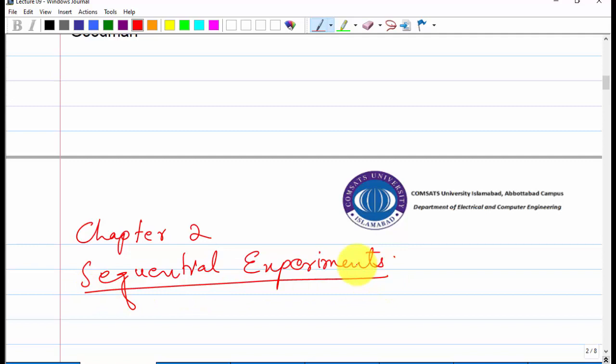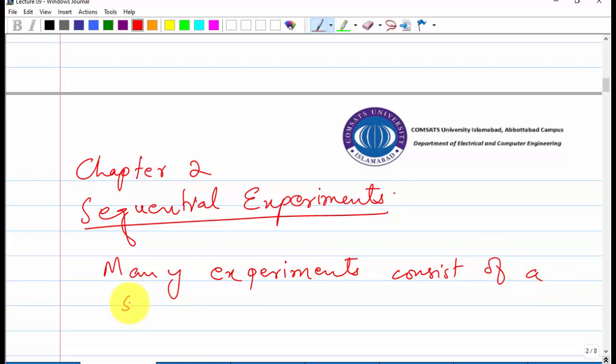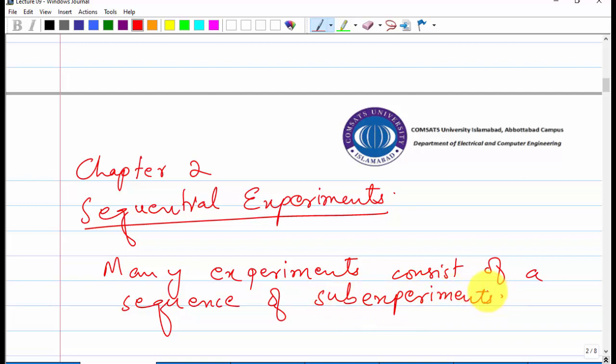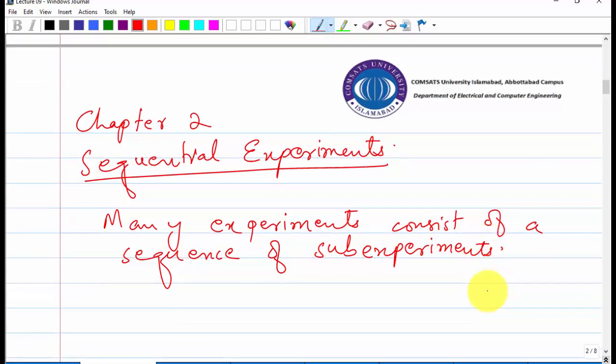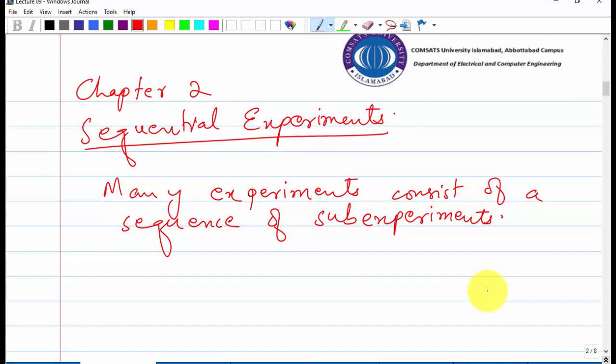Sometimes when we are performing different experiments, most of the time, many experiments consist of a sequence of sub experiments. So if we have these sequential experiments, meaning experiments, sub experiments, and further.